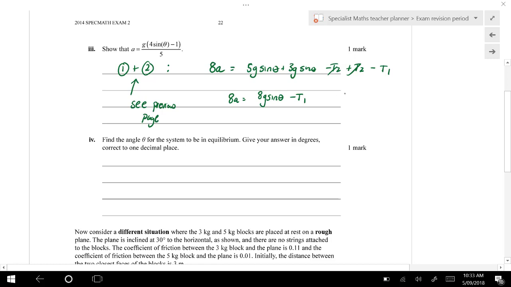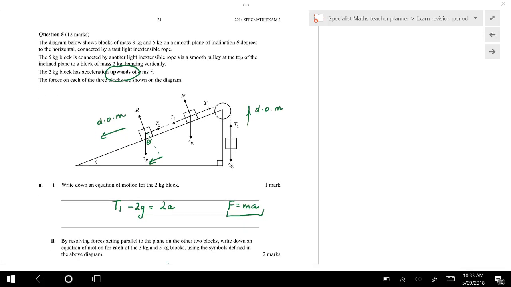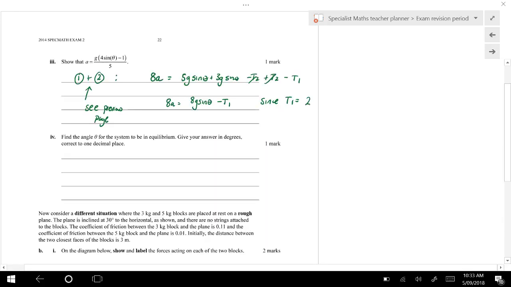However, since T1 is equal to 2a minus 2g, T1 is equal to 2a, is it plus 2g? Yeah, 2a plus 2g.